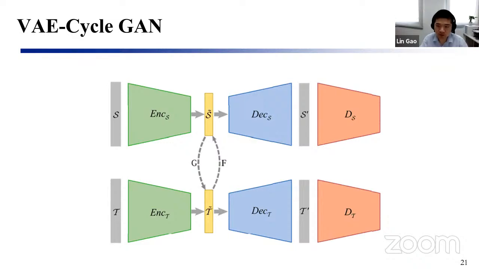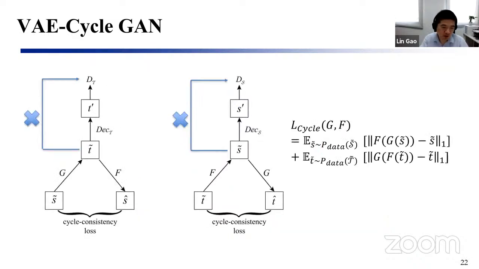So let us look at this figure. This figure is about cycle consistency. The cycle consistency is quite helpful for the unsupervised design. If we want to do something in an unsupervised manner, we need some loss. This loss is helpful to reduce the human effort. So the very important loss is the cycle consistency loss.